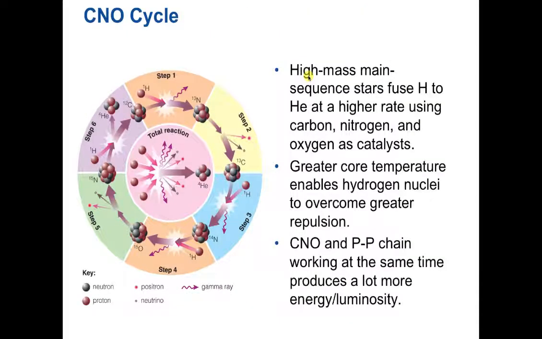So in these high mass stars, the temperatures are much greater than in the low mass stars. And so not only do you have the proton-proton chain producing helium from hydrogen, but you also have another process called the CNO cycle. And the CNO cycle uses carbon that's already present in the star. All these stars, even the low mass stars, have carbon in them to some degree.